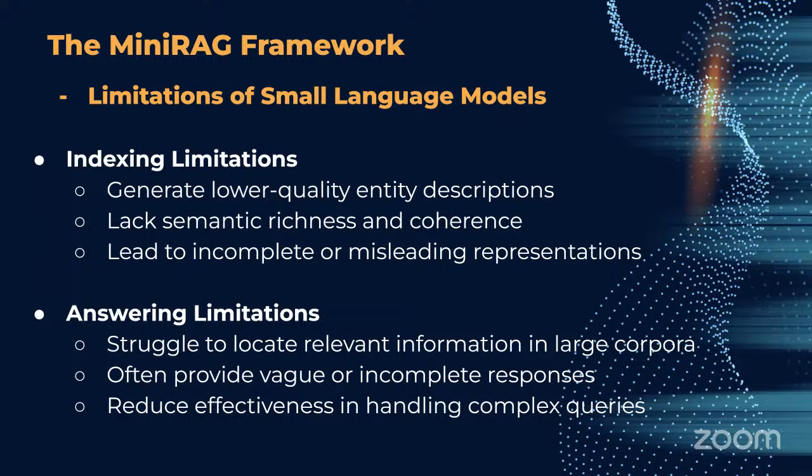Because of this limitation in semantic understanding, their answers are also usually much more vague than what you would anticipate from a large language model, especially when you're able to do RAG incorporations.